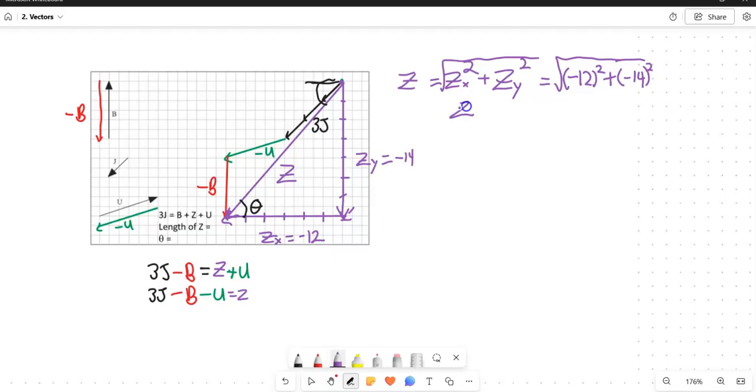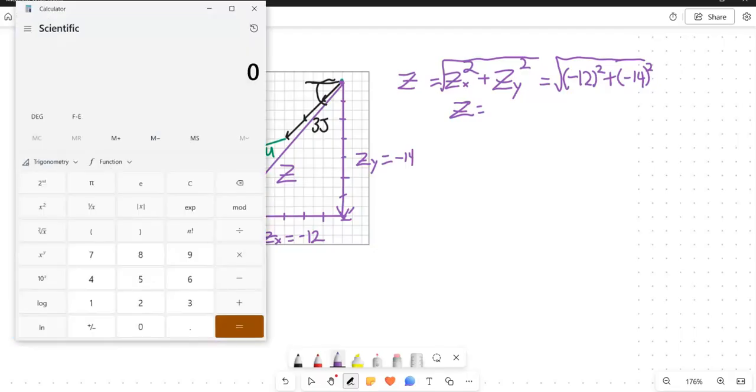So the length of z is going to be equal to, let's go ahead and figure it out. We're squaring the 14, which is 196, and we're going to add that to the square of 12, which is 144. That's 340, and we're going to square root that.